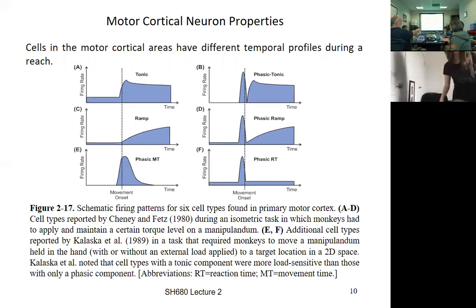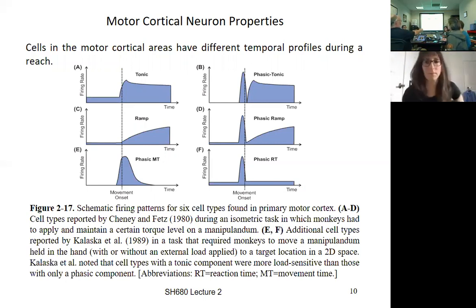In this case, the manipulandum that the monkey holds actually moves, and it's usually what's called the center-out task. The monkey starts in the middle. There are 8 locations, each of which has a light that the monkey can see. When the light goes on, the monkey's supposed to move to that location. That's the center-out task.